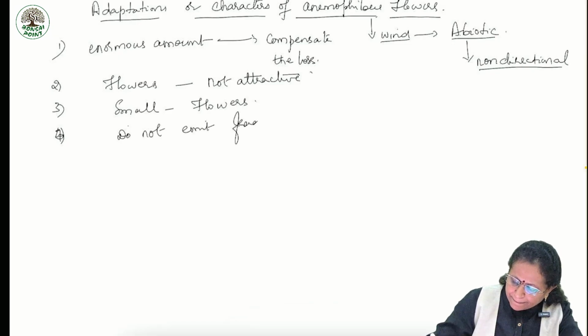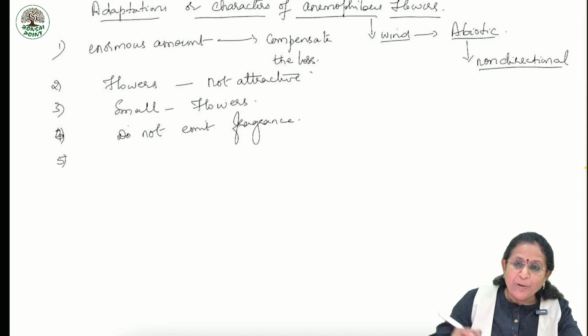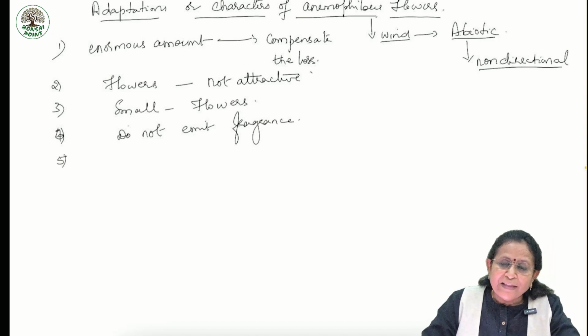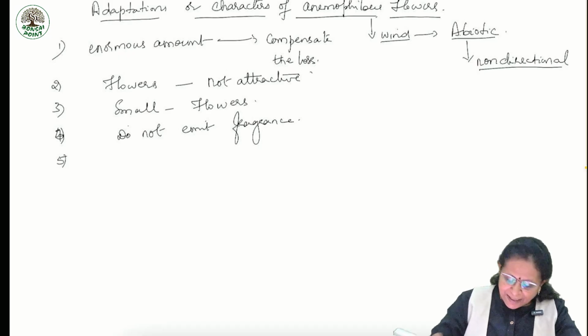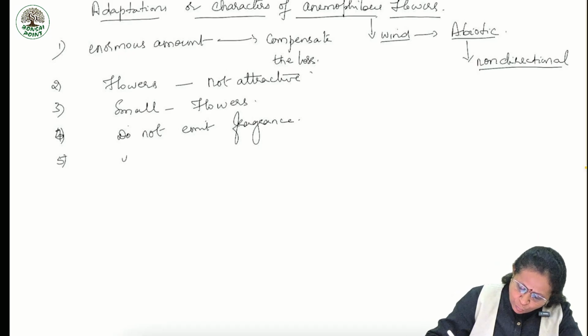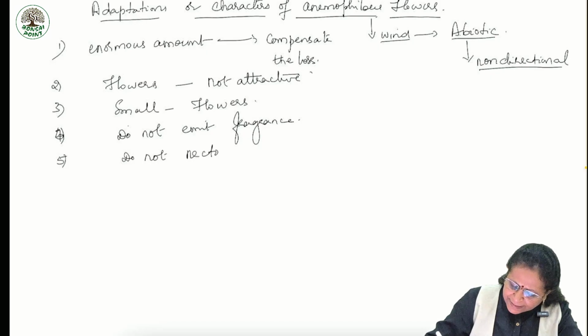Then the purpose of the insects or animals visiting the flower is what? To get nectar and pollen grains. But here there is no necessity at all, isn't it? Thereby, flowers do not have nectary glands.